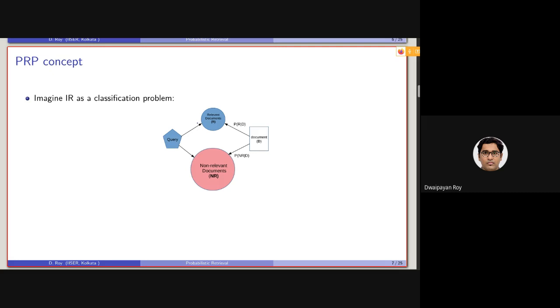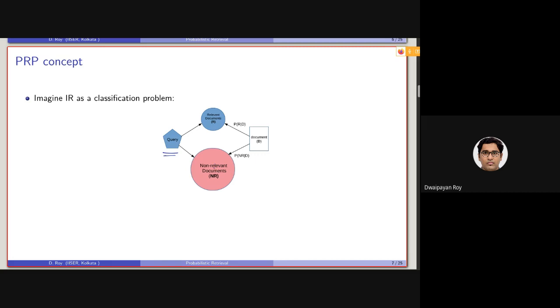Graphically, this can look like this. Imagine information retrieval as a classification problem, where given a query, we have a defined set of relevant documents and a defined set of non-relevant documents.